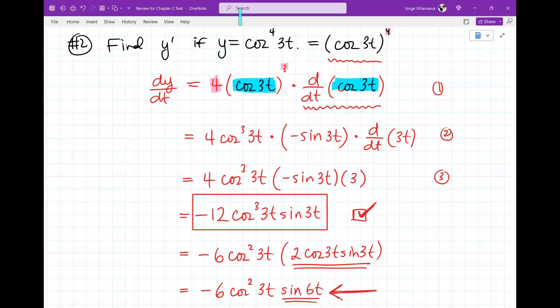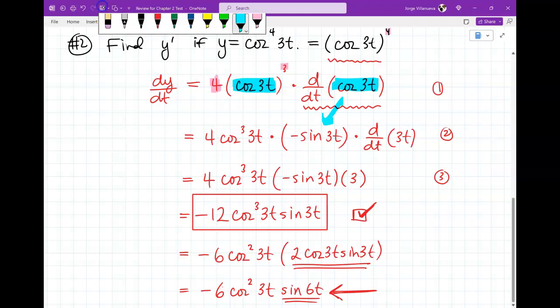When I take the derivative of cosine of 3t, that's right there. But notice I didn't take the derivative of the angle. I just did the trig function. Cosine becomes negative sine. But I ignore the angle because the angle itself is its own function. So I get to do that next.